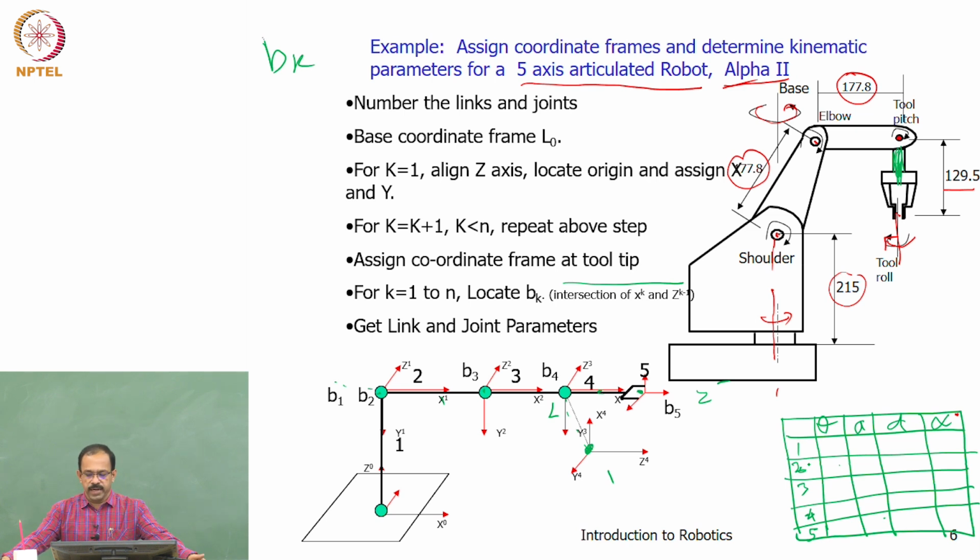So theta, A, D, alpha, these are the parameters associated with joint, and we will be able to get the parameters.